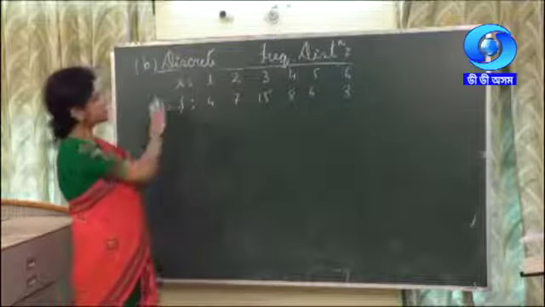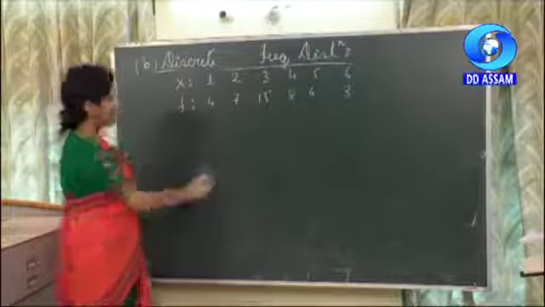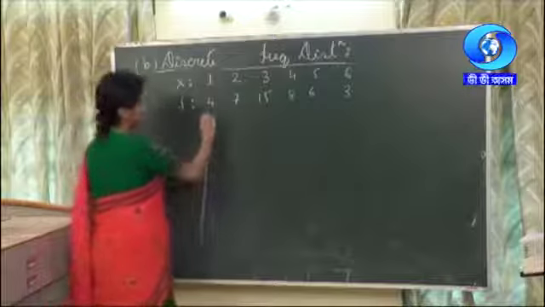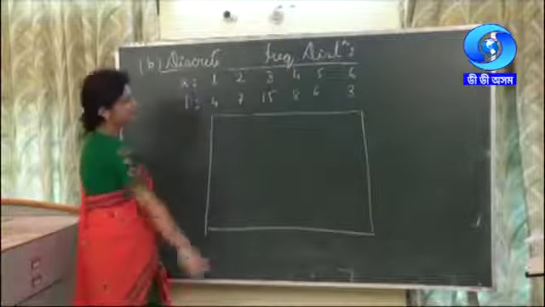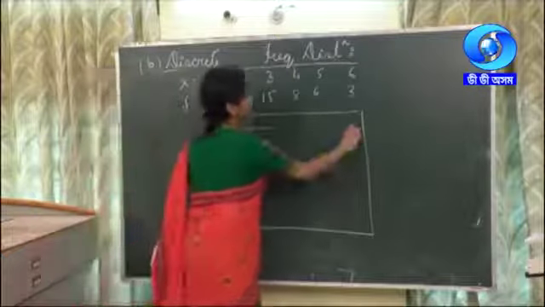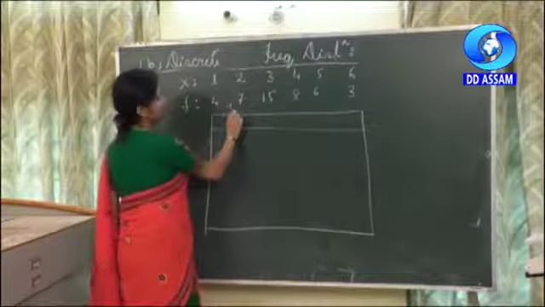So since this is a discrete frequency distribution, how will we find the median? First of all, we shall construct a cumulative frequency distribution table.